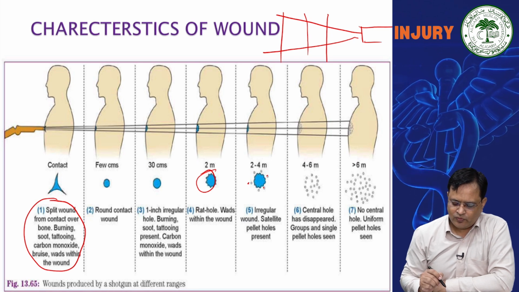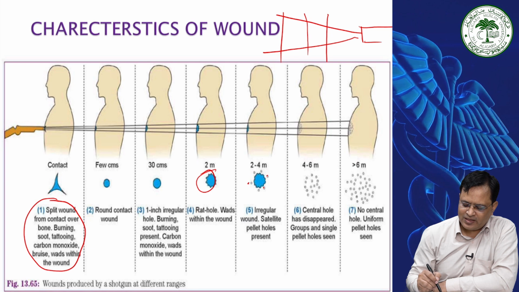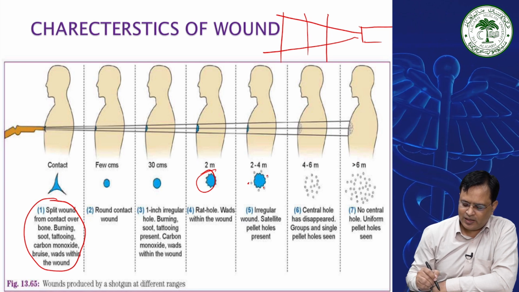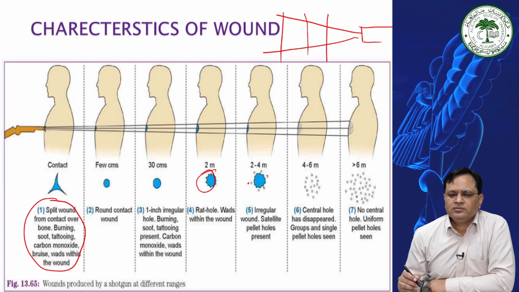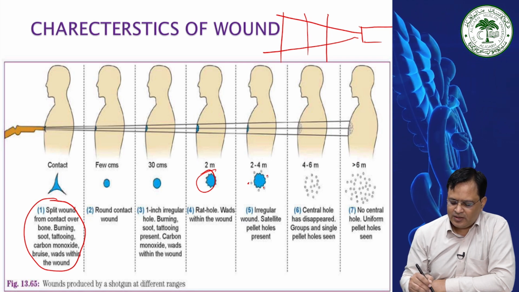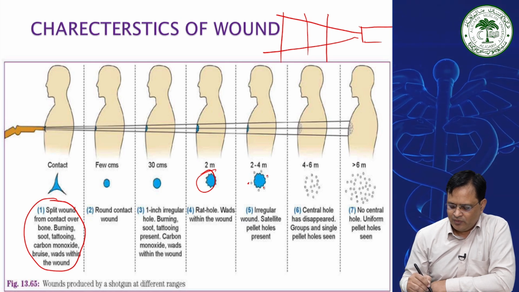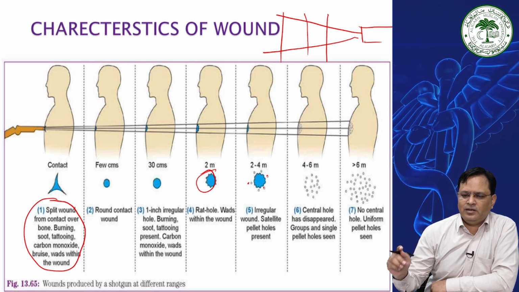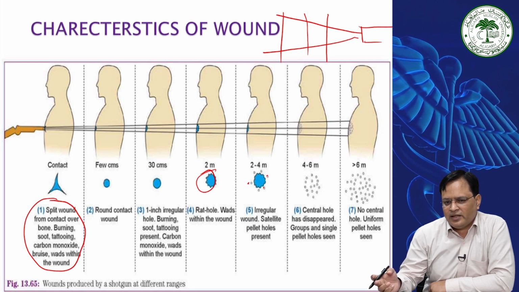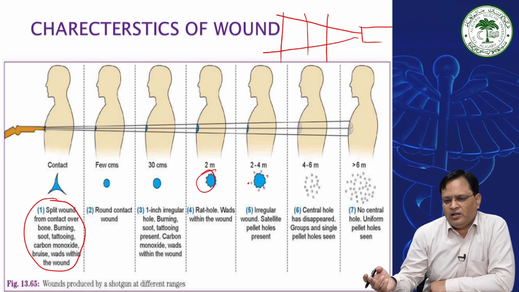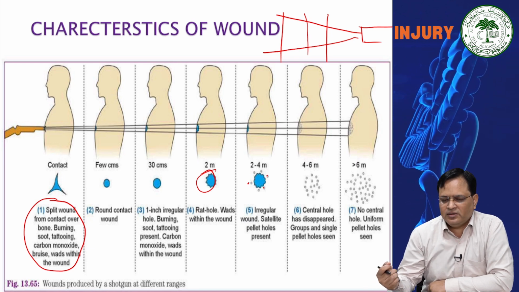So at about 2 to 4 meters, it is satellite wounds. You can find a single central hole and satellite wounds. At 4 to 6 meters, you can see that there is no central hole, but all the satellite wounds, and the central hole has disappeared, and all the satellite wounds are separate and can penetrate.